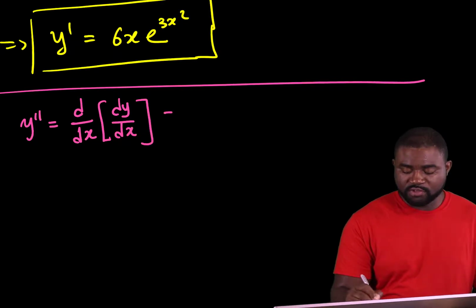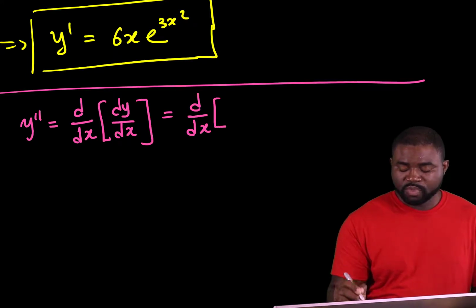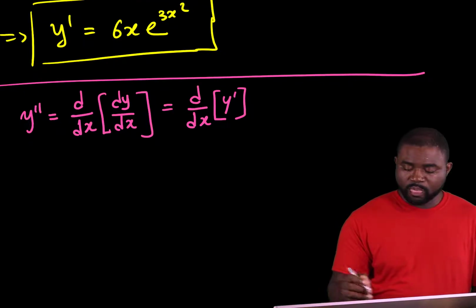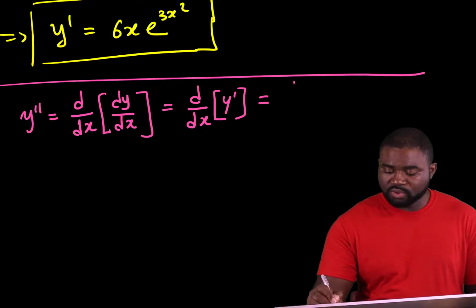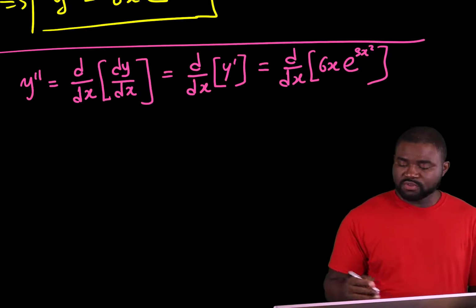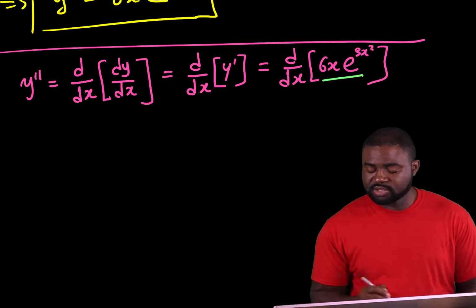A way of putting this is, it is just the second derivative of the function. Now this would mean that we are looking for the derivative of 6x e 3x squared. What do you notice? You would observe that this is a product.